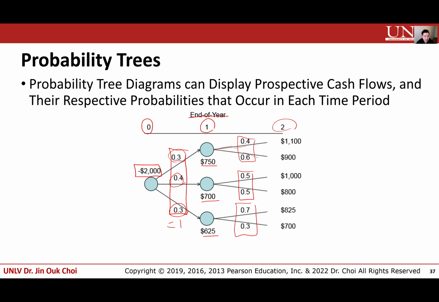So, let's say after the 30%, if year 1 had $750, there's a 40% chance that the project will have a revenue of $1,100, and has also 60% chance that the project will receive $900 of revenue at the end of year 2, and so on and so forth.